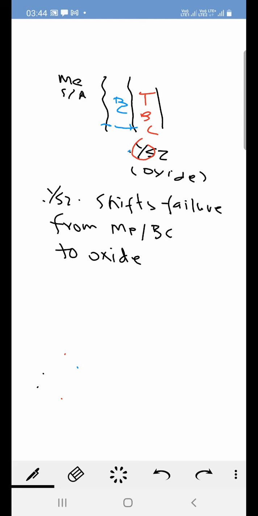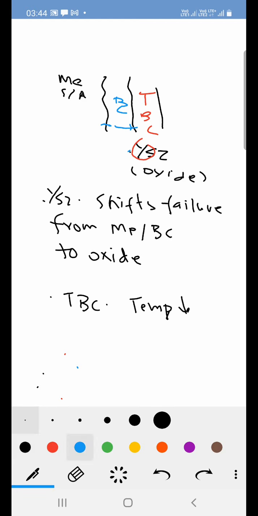Now, as we have said, due to application of this TBC, there is a temperature drop that is taking place. This temperature drop reduces the oxidation rate of the bond coat.